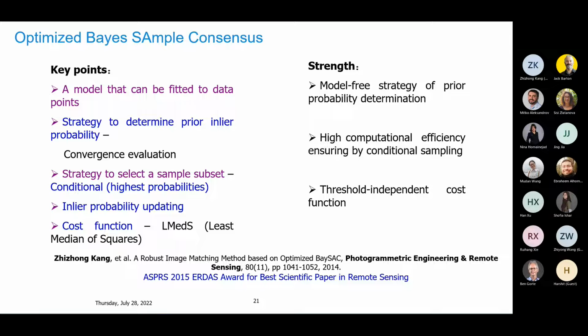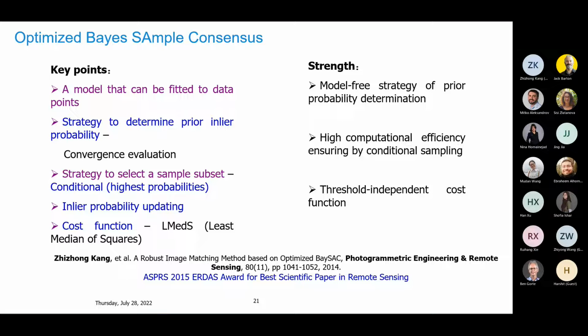In this way, we use a so-called convergence evaluation strategy to figure out the right prior probability for each point. And also, at each iteration, we developed an inlier probability updating strategy, which ensures we can always have the right points involved in this process.